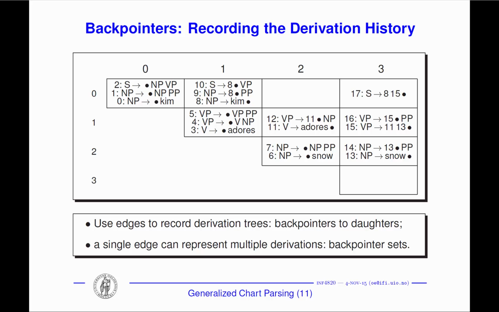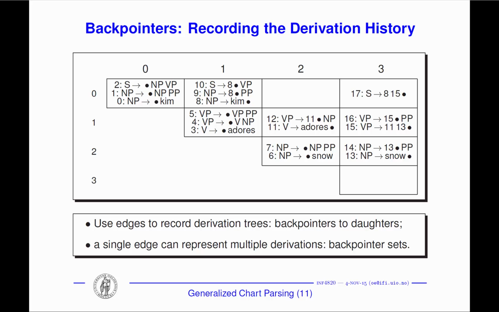So let's look at an active edge maybe. The active edges have backpointers preceding the dot and categories following the dot. And all the fundamental rule cares about is start, end, implicit here in the row and column indices, the beta that the active edge is looking for, and the alpha that the passive one is providing. I've not changed those.